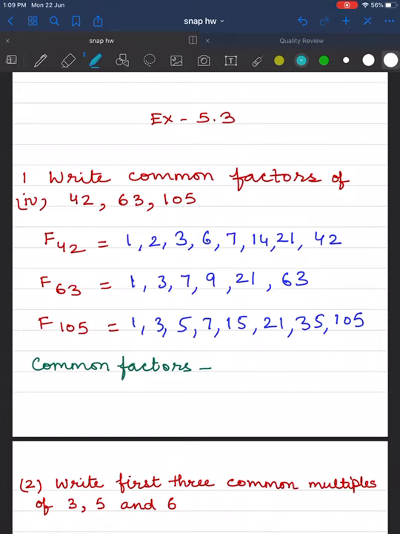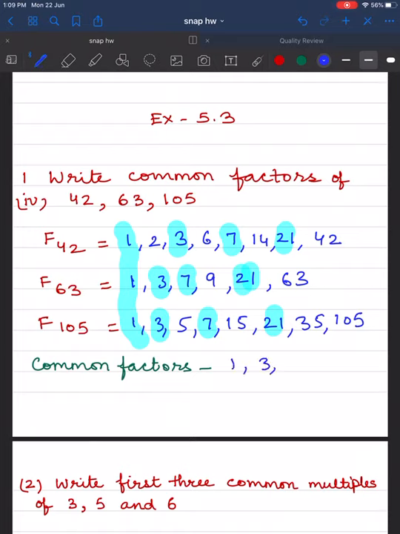So here you can see 1, then we have 3, then we have 7, then we have 21. So the common factors of 42, 63 and 105 are 1, 3, 7 and 21.